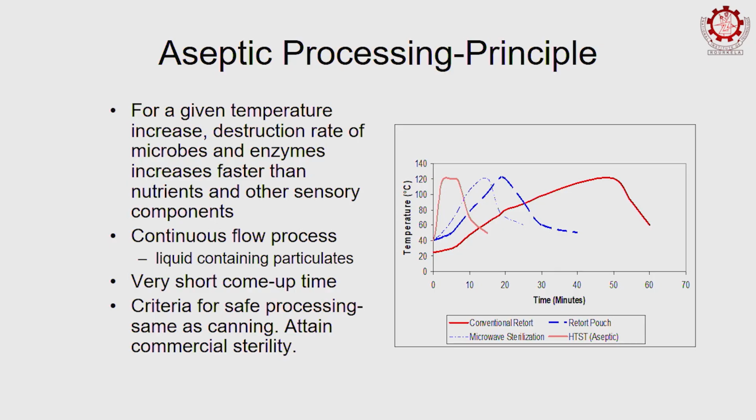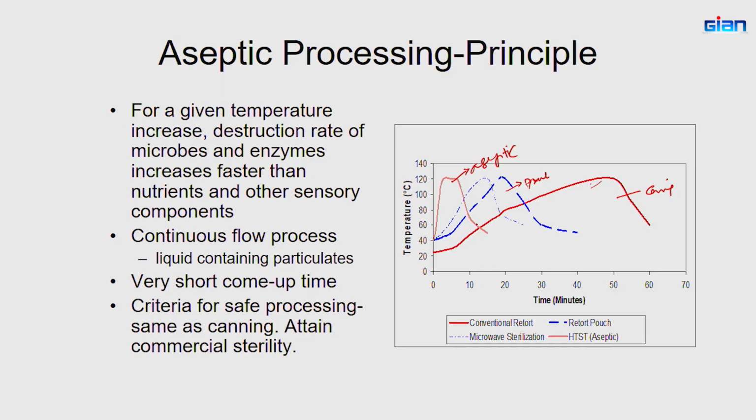So, if you compare, this is the traditional canning method, whereas here, this is a retort pouch, and then this is your HTST, your aseptic. So, you are going to have a much shorter come-up time to reach the target temperature.